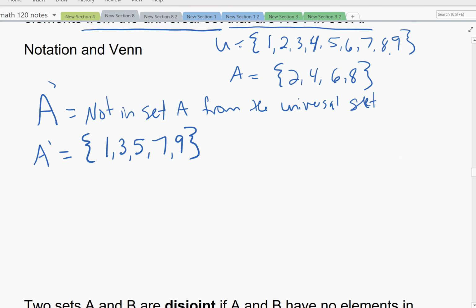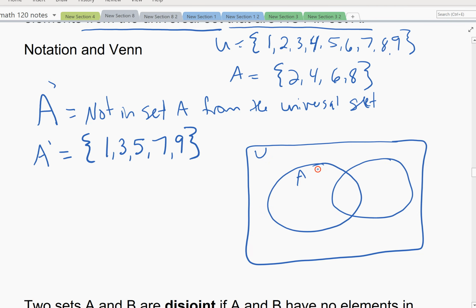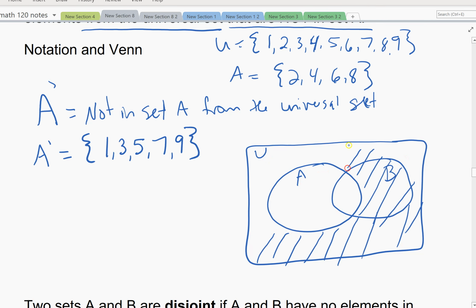Alright, so the Venn diagram, so the prime outside is what we're looking for. So the picture, so there's my universal. I'm going to draw it with my circle B and my circle A. So there's circle A, there's circle B. Alright, the complement would be basically everybody outside of circle A. And so everything outside of circle A does include part of B, but not all of B. It doesn't include the overlap that's in A. Alright, but it would be everything outside of A. So it'd be everything outside of A that's in B, and then everything that's outside of both circles.